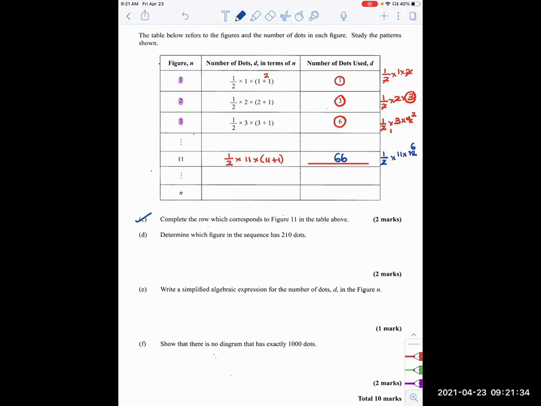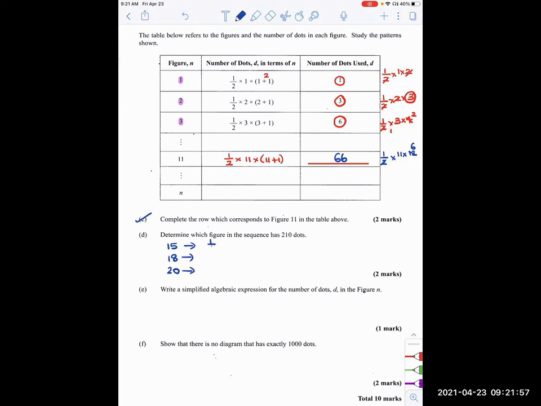So if the 11th figure has 66 dots, we could probably try some numbers. So let us find the 15th figure, the 18th figure, and the 20th figure. Work out the formula for that and see which of those has 210 dots.